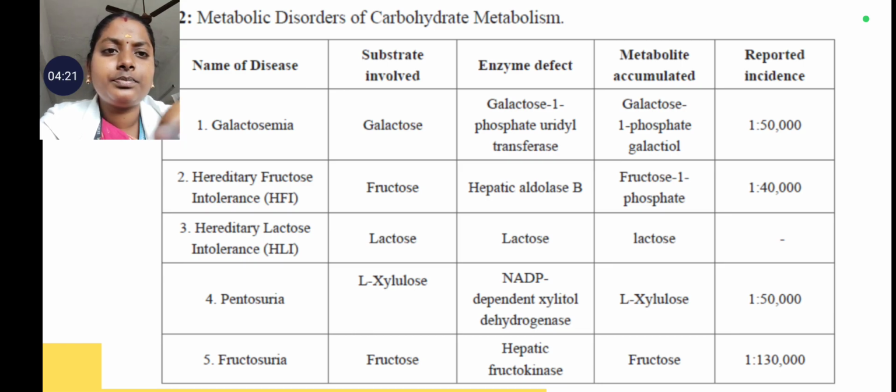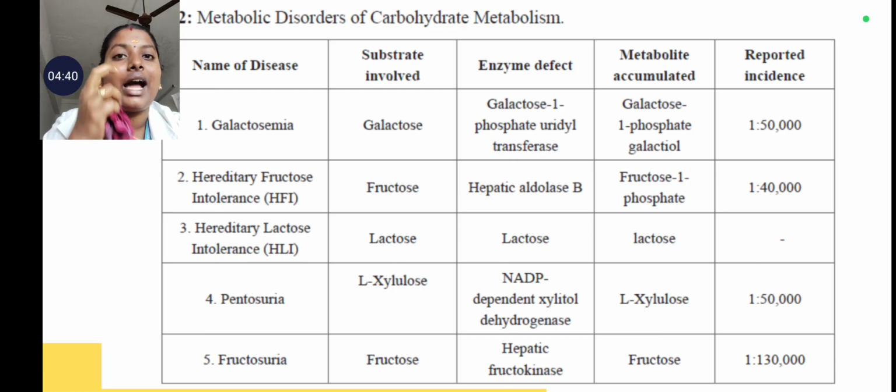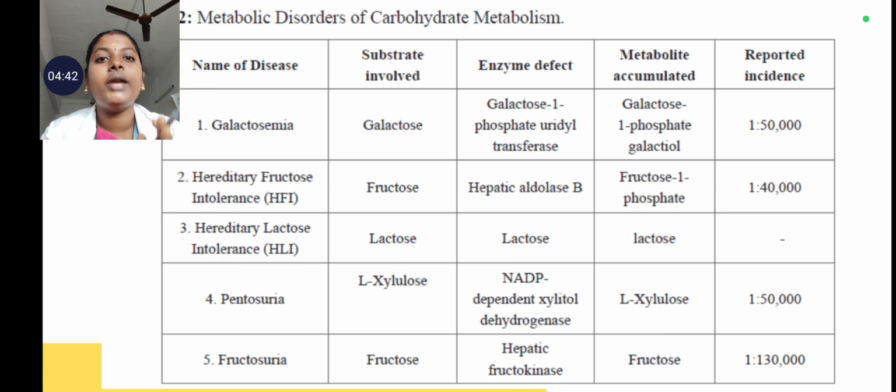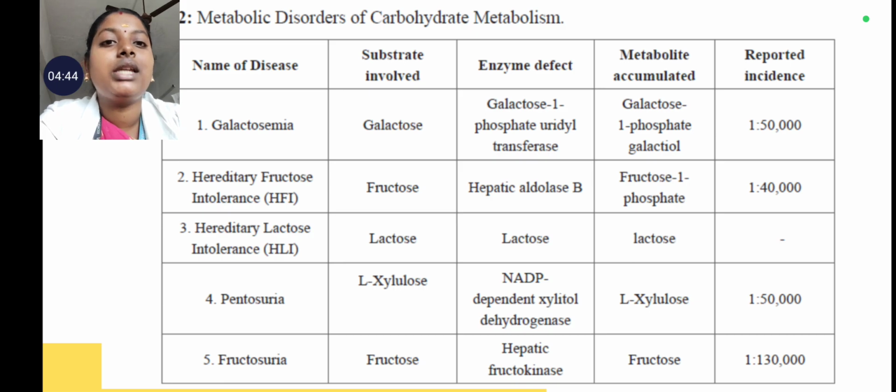And further, lactose intolerance. Lactose has to be converted into glucose plus galactose with the help of the enzyme lactase. If the lactase enzyme is deficient in our body, lactose is not converted into glucose plus galactose, wherein lactose accumulates in our body, which leads to lactose intolerance.